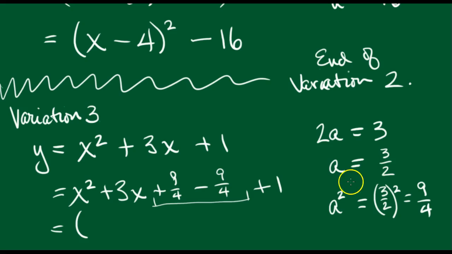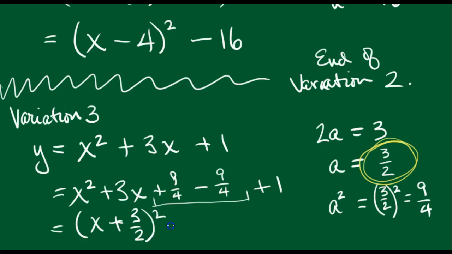So that gives me x plus 3 halves from over there, x plus 3 halves. I square that. Now I subtract the 9/4, and I still add 1.